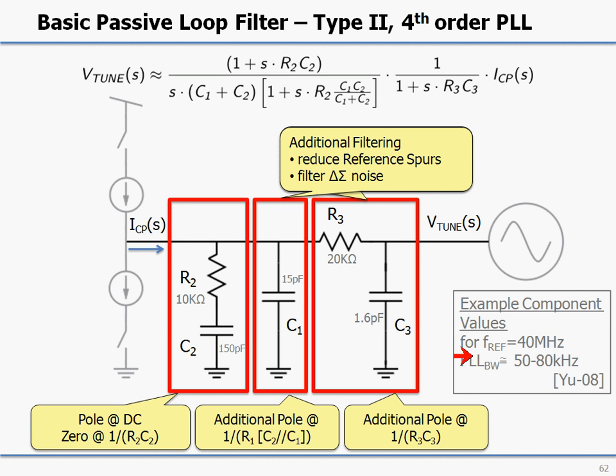I have some component values here for a particular example, but what I want to point out is the relative sizes of these components. These capacitors tend to be the largest capacitors, the other ones are then significantly smaller, and so when we think about integrating the loop filter, really the size of the C2 capacitor is what can be the most problematic factor.